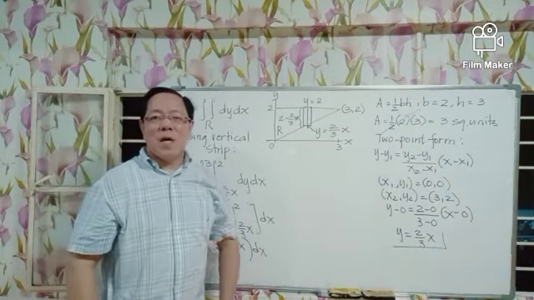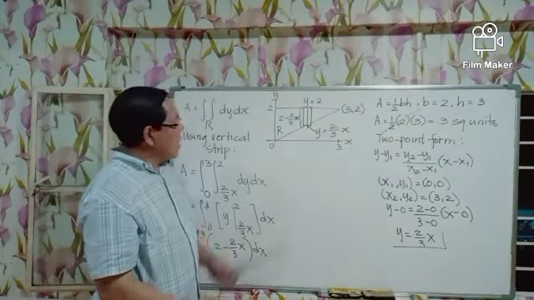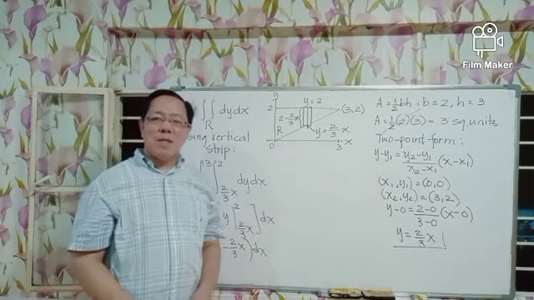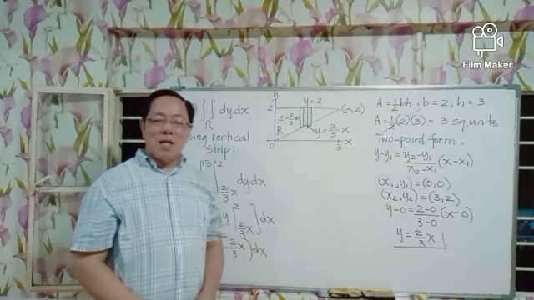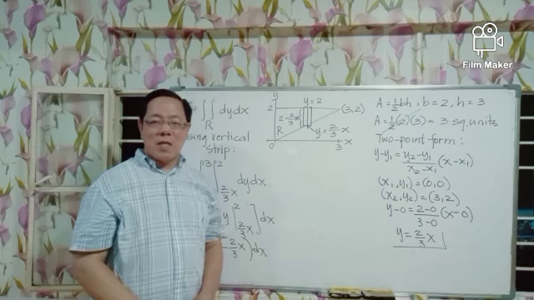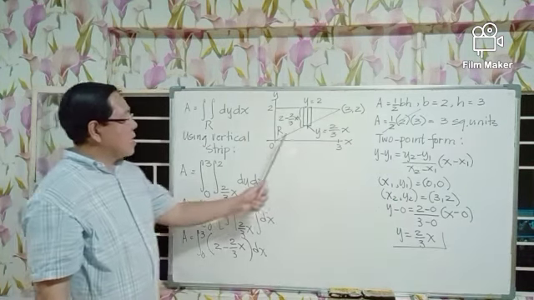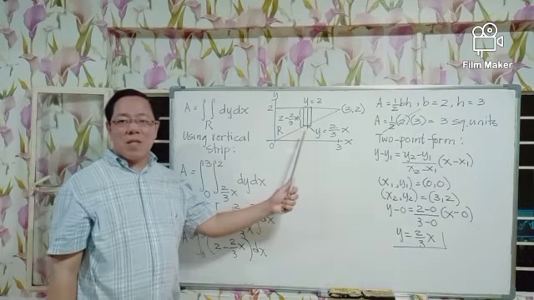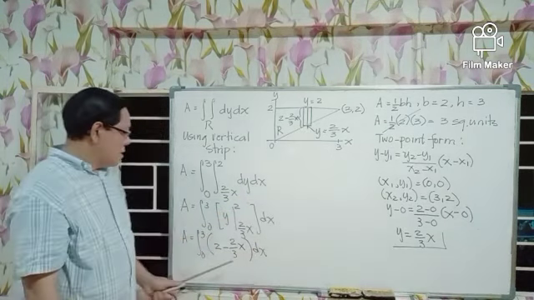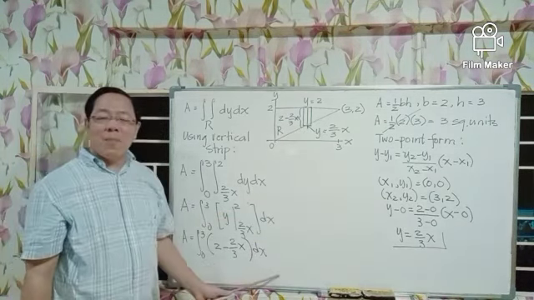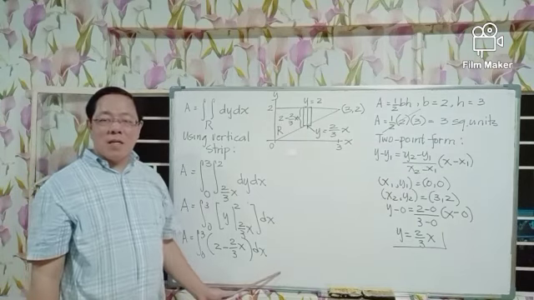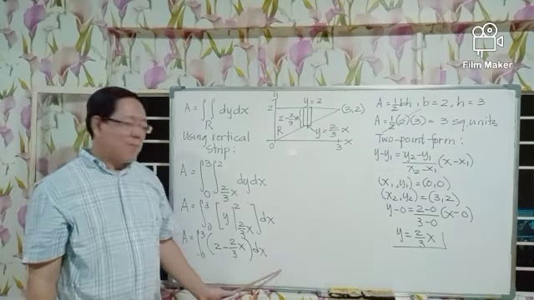And if you find the area of this region R by a single integral, you will take a vertical strip or vertical rectangular element. This is the single integral to evaluate.